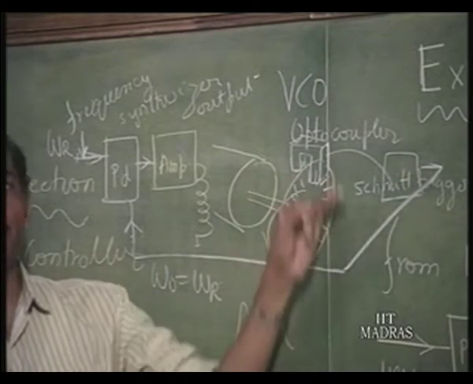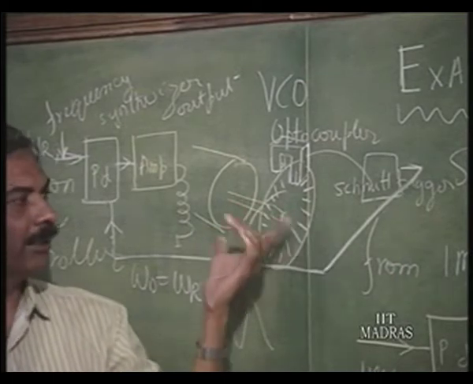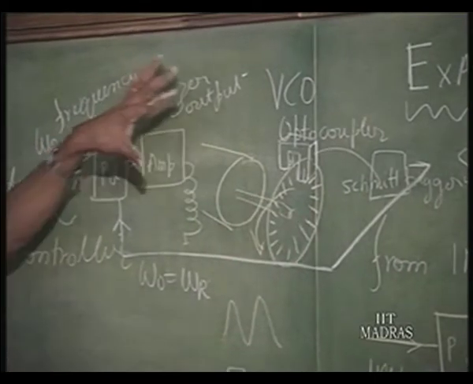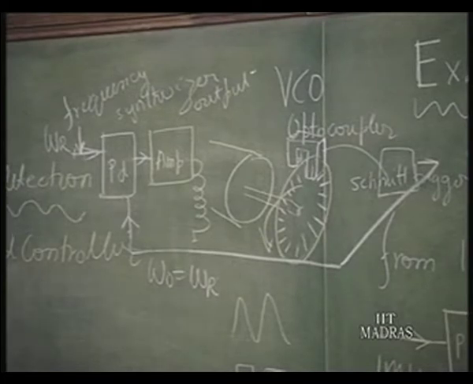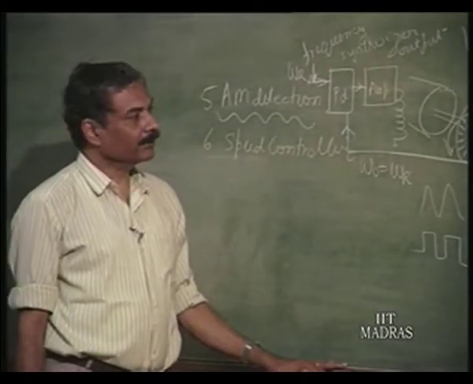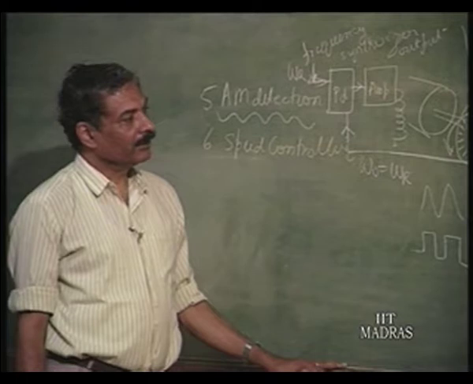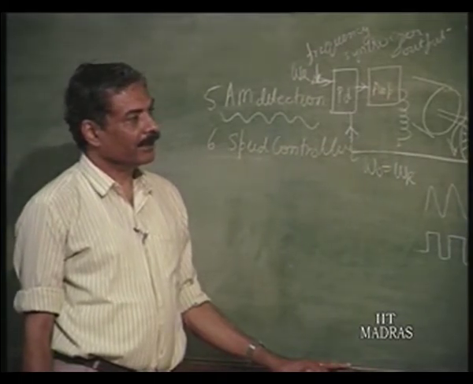That means the speed is constant. So, speed becomes absolutely constant once we have this incorporated in the phase lock loop system. This kind of speed control is very popular nowadays. That completes all the applications of phase lock loop that we can think of.